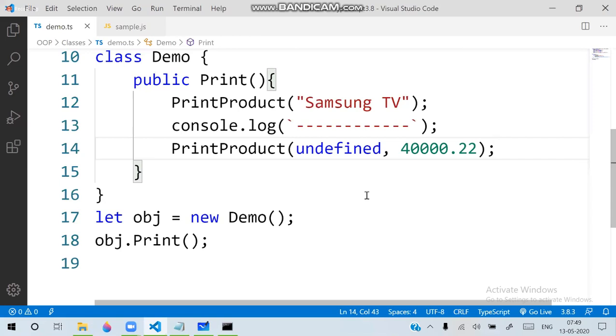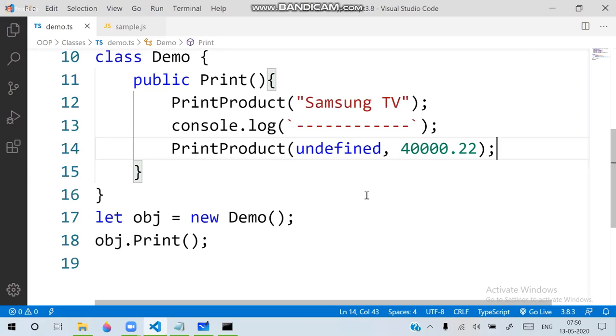Already you saw that if I am not defining price, price is printed as undefined. So what is the key point you need to understand? Optional parameter means not ignoring the parameter, but leaving the parameter with an undefined value.